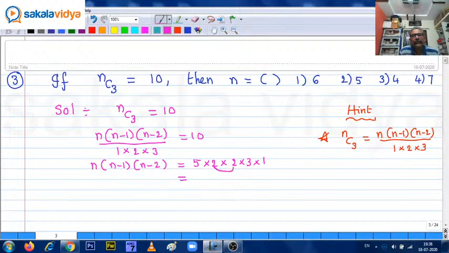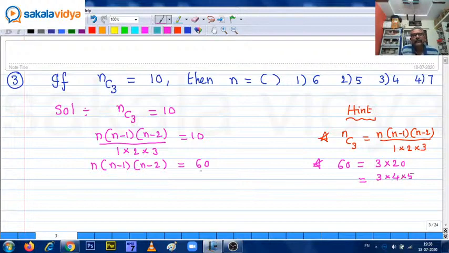We can write 4. Okay, 2 into 3, 6. This when we write 10 into 6 is 60. So now this 60 can be written as like this now. 3 into 20. Next 3 into 4 into 5.